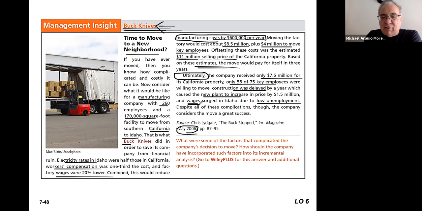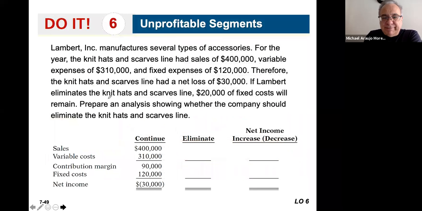So wages actually were very, very high in Idaho. They were paying top potatoes for their employees. So a very interesting story. Again, these are all our best estimates as always. Sometimes that matches up with the reality. Sometimes it doesn't. Certainly that didn't happen to Buck.